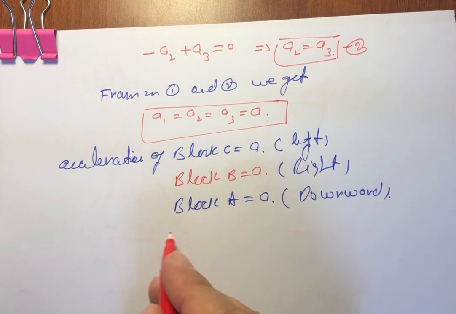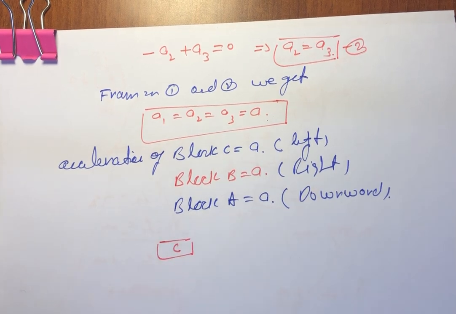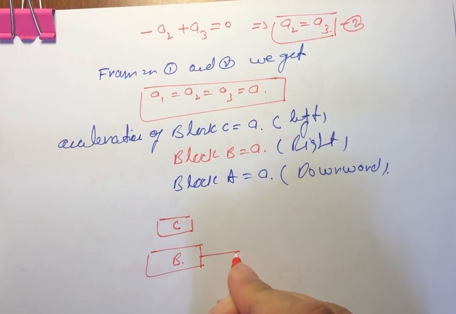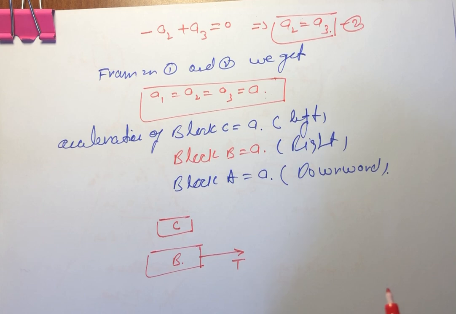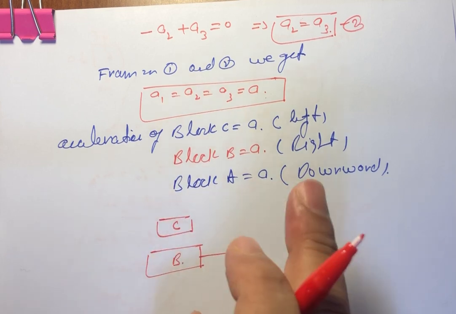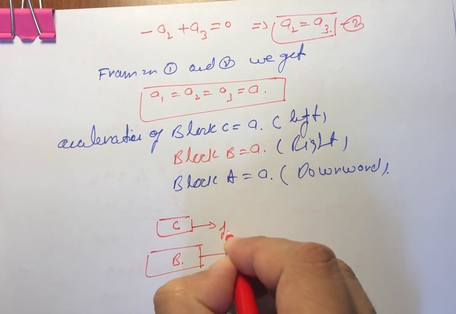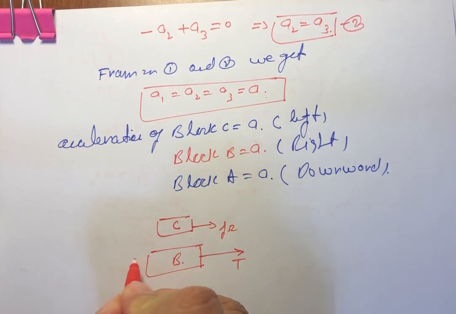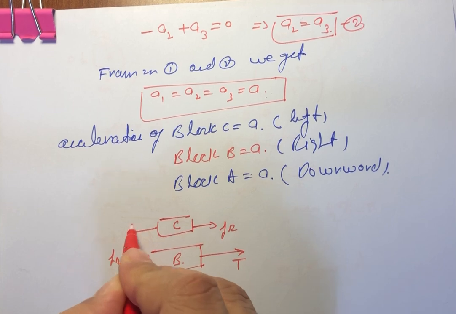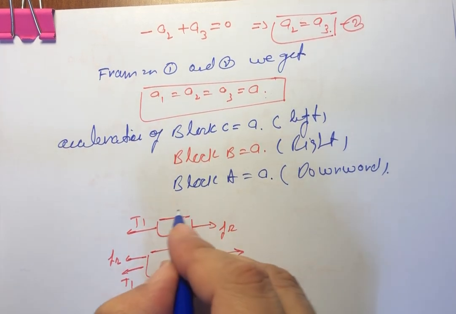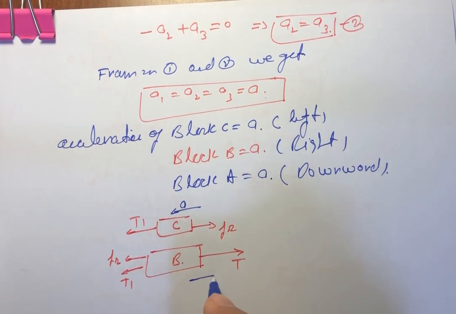Let us draw first of all for B and C. So this is our block C, and this is our block B. Block B is connected, let us suppose the string is having a tension T, and block B is moving towards the right, so it will try to force block C towards the right, let us suppose with a friction Fr, and there will be equal and opposite Fr on B also, and there is a tension, let us suppose T1 here, and similarly it will also have T1. And acceleration of block C in this direction, and this will be acceleration a.